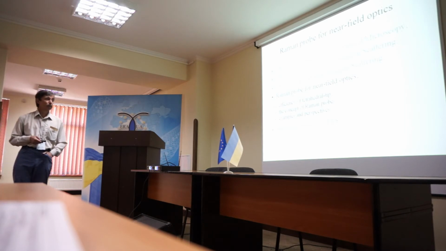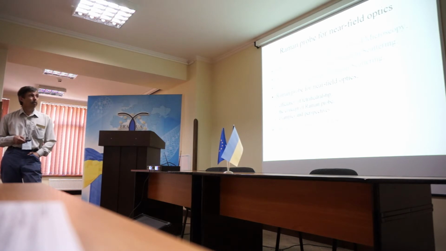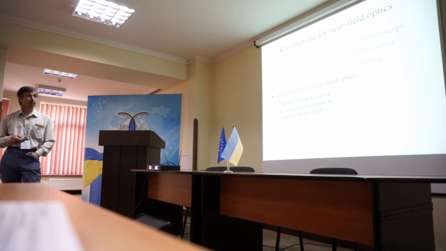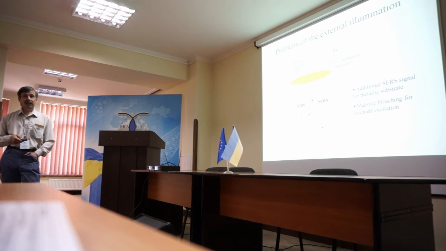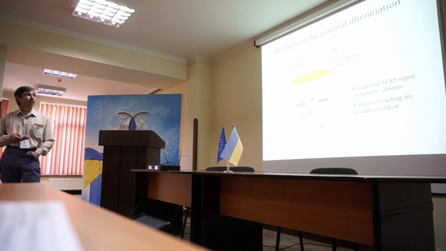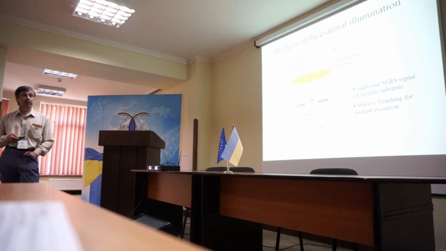And we also worked in this direction. And in this way we proposed the concept of a Raman probe for near-field optics. Surely we realized, after our first experiment, that we are in a favorable situation with the tetrahedral tip, because the standard problem of TERS is that our focused external light has a very big spot in comparison with the apex of our structure.